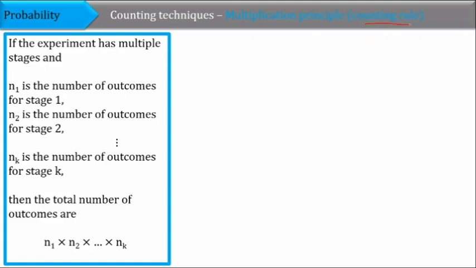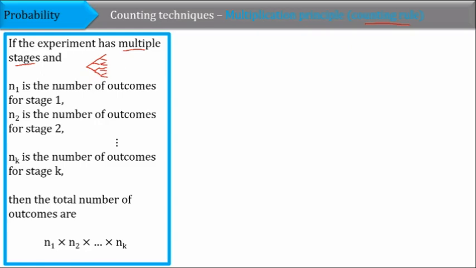Now first of all, what does the multiplication principle, or another word, our counting rule, say? It says that if we have an experiment that can be divided up into multiple stages, okay, now that should sound familiar. A multi-stage experiment is best denoted by a tree diagram.